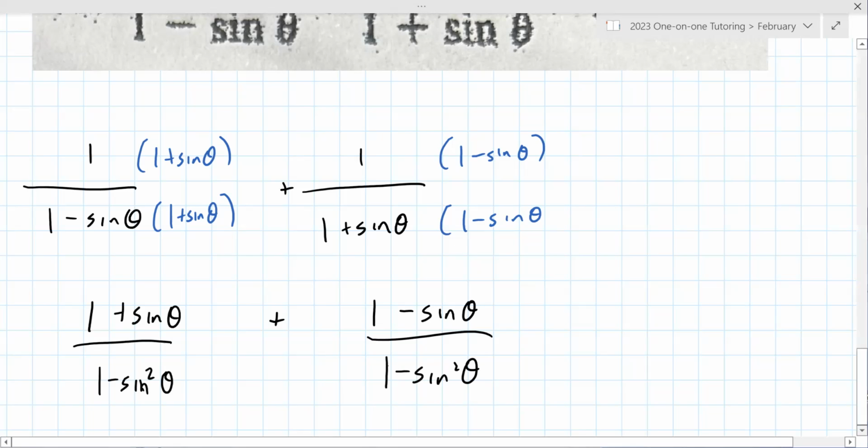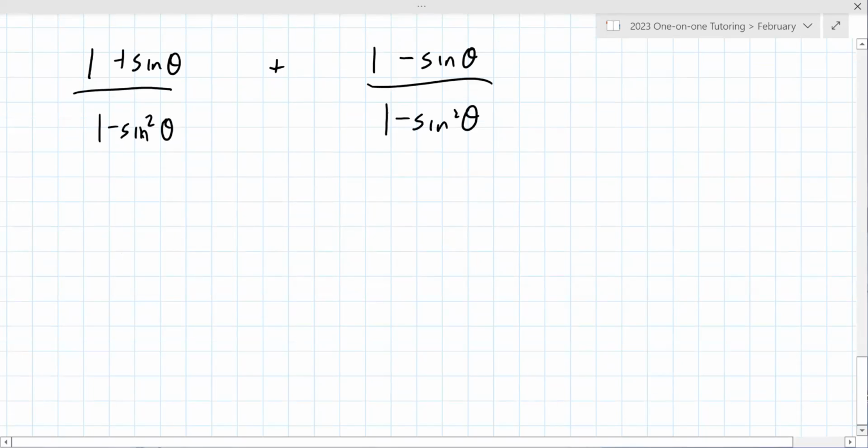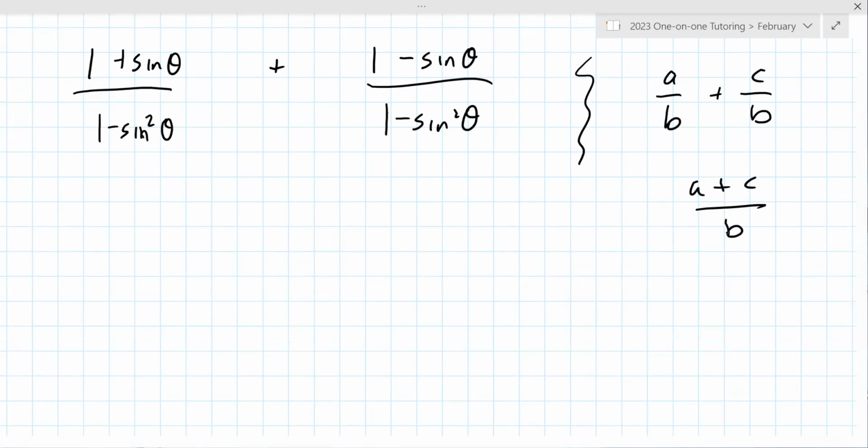The bottoms are the same. You can't cross cancel, right? No, but the analogous problem is you've got A over B plus C over B, which is A plus C over B. Oh, you have to combine them.